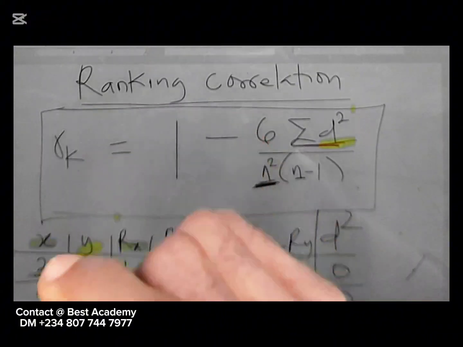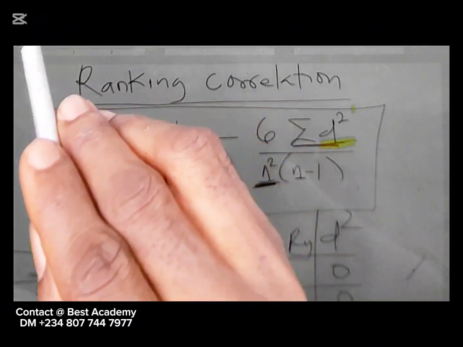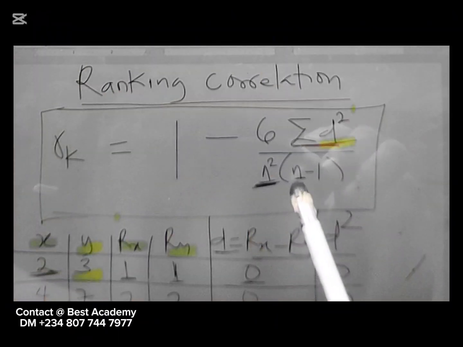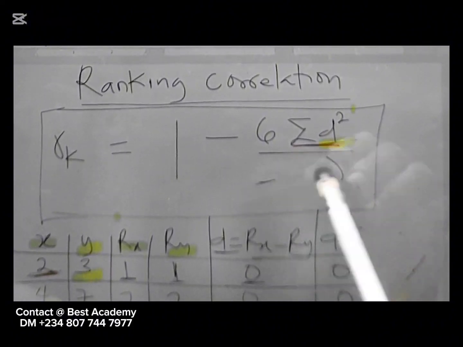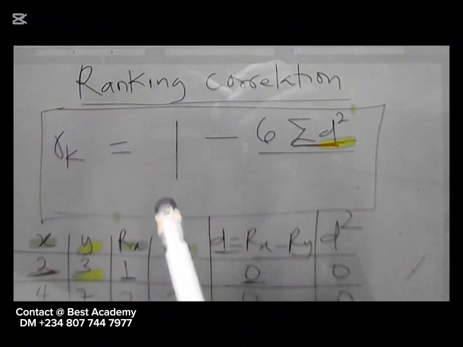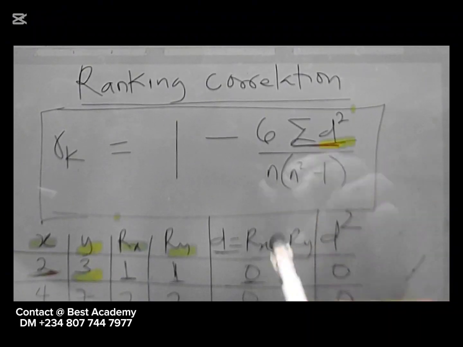Okay, sorry, let's start again, please. Sorry, we made a mistake here. The formula for this is n into n squared minus 1. I'm sorry for this.